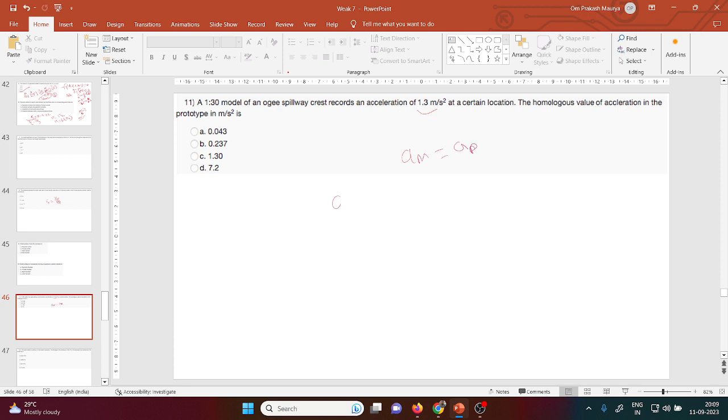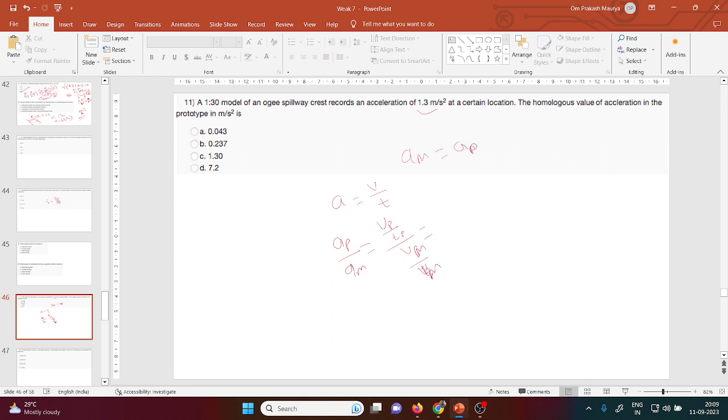How? Acceleration you know already is the velocity by time. The acceleration of prototype is the velocity of prototype divided by time of the prototype, and the acceleration of model is the velocity of model divided by time of model.